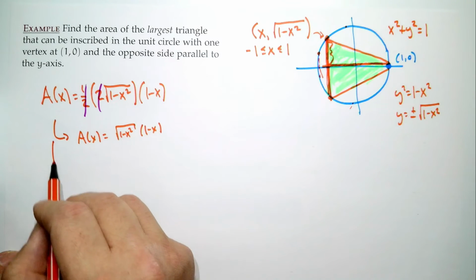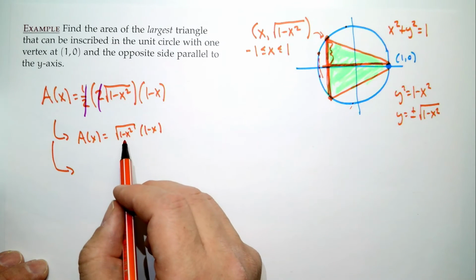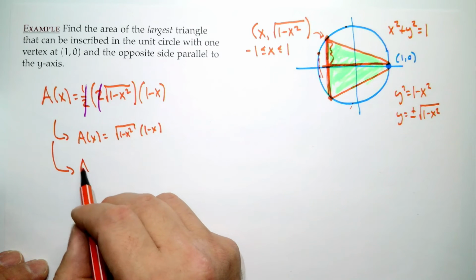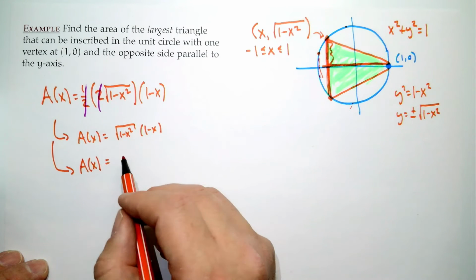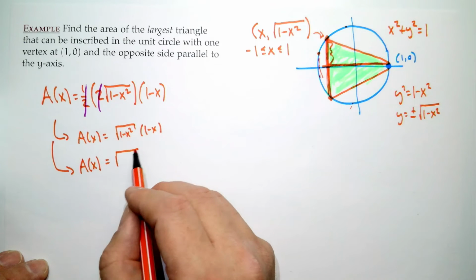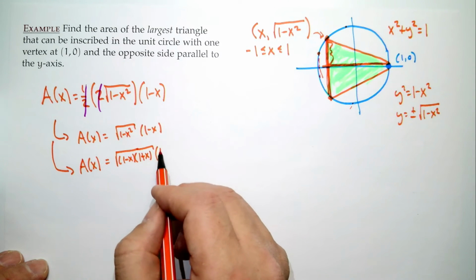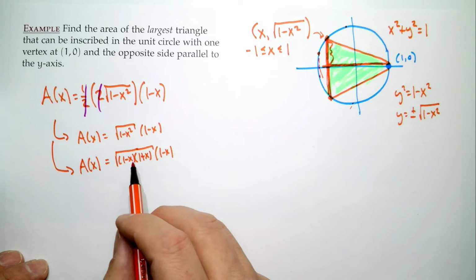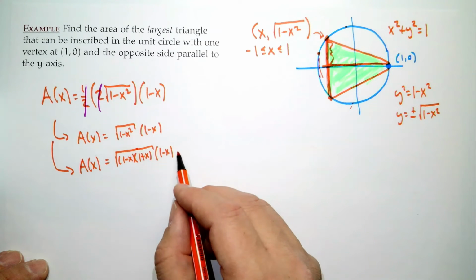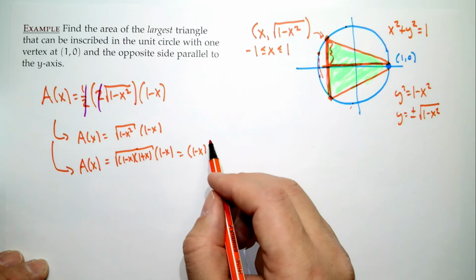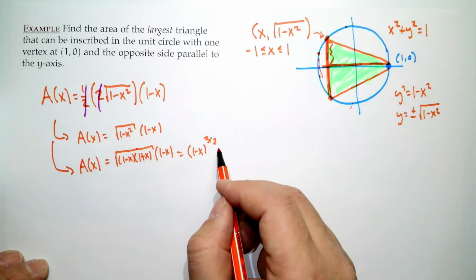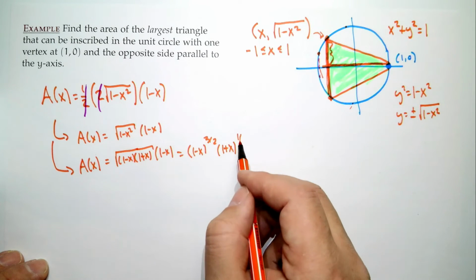Another option is to say, hey, wait a second, 1 minus x squared, what does that turn out to be? It's 1 minus x times 1 plus x. And the reason we might notice this is there's also a 1 minus x. So this is 1 minus x to the power 3/2 times 1 plus x to the power 1/2.